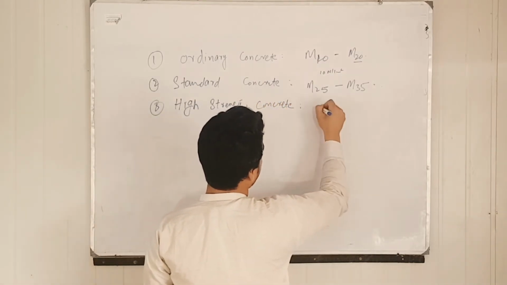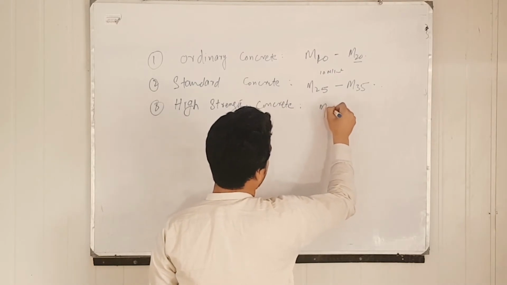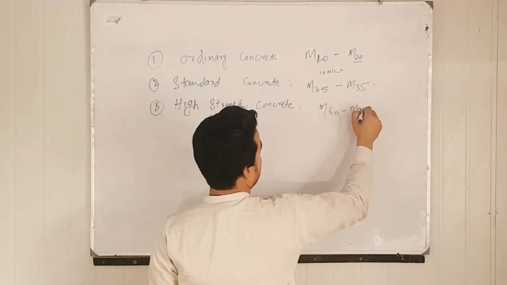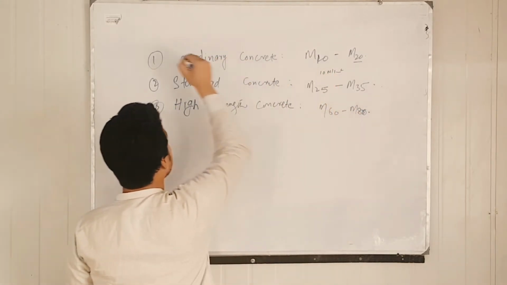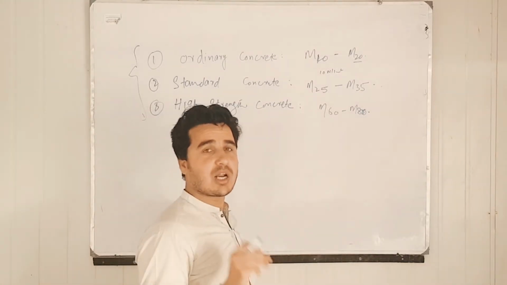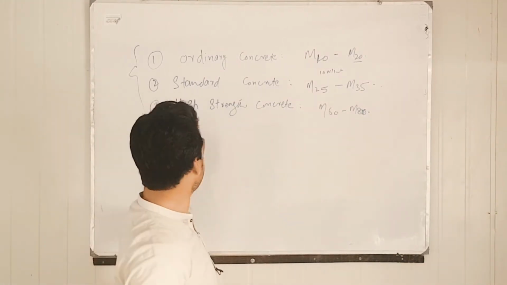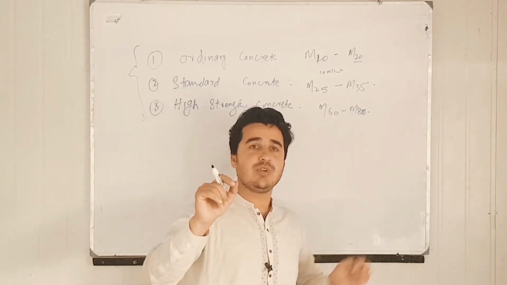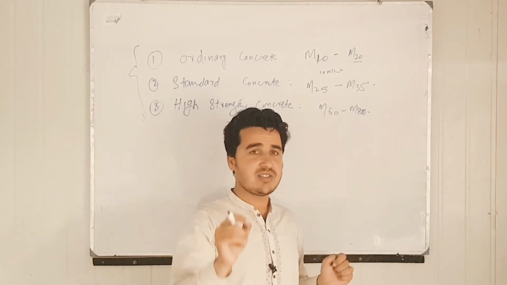Okay, so high strength concrete is from M60 to M80. So these are the basic types of concrete that we use in our normal construction, or specifically this high strength concrete in bridge engineering, or somewhere we do need high strength concrete.